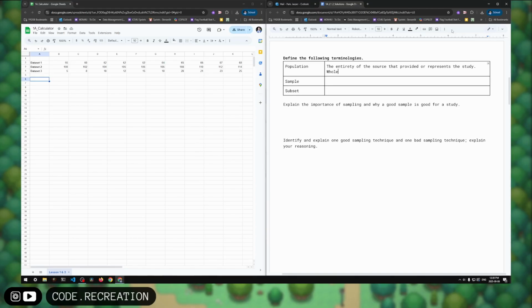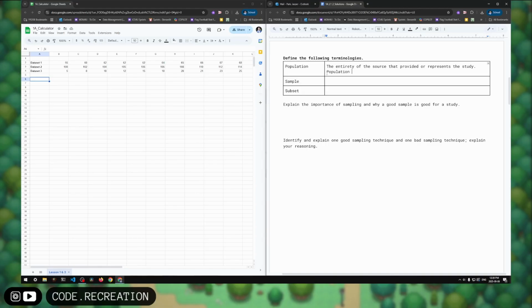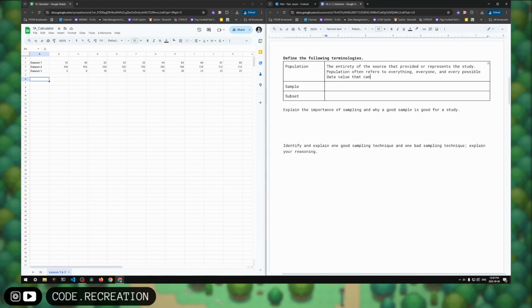Population often refers to everything, everyone, and every possible data value that can be studied for a statistical analysis.